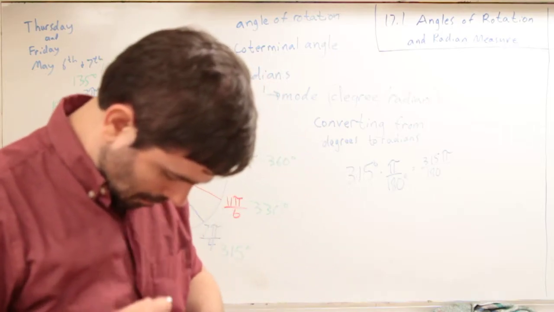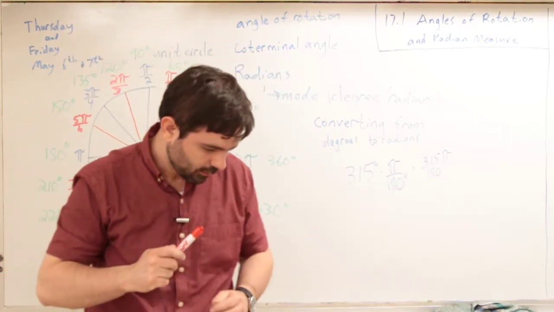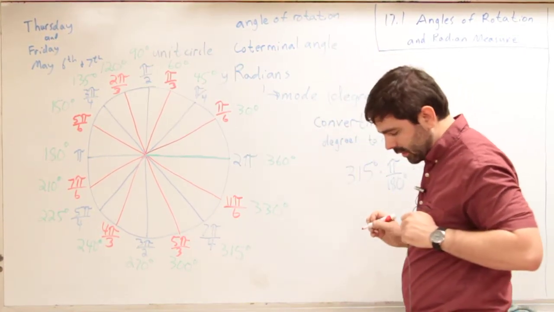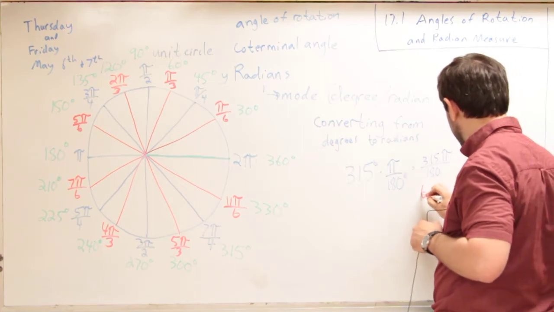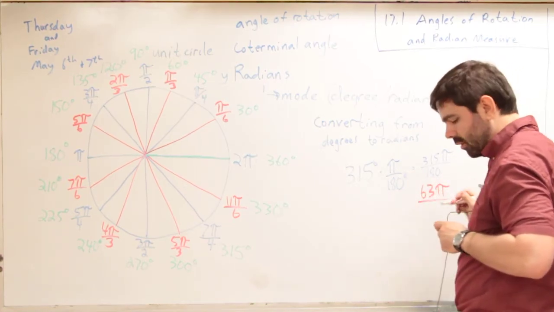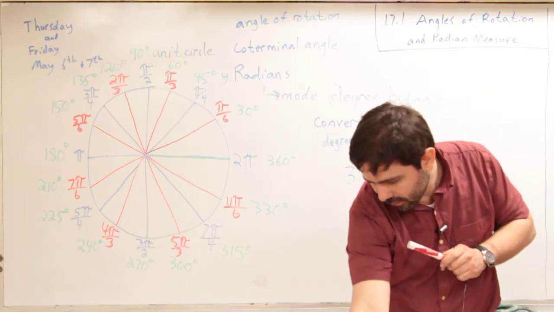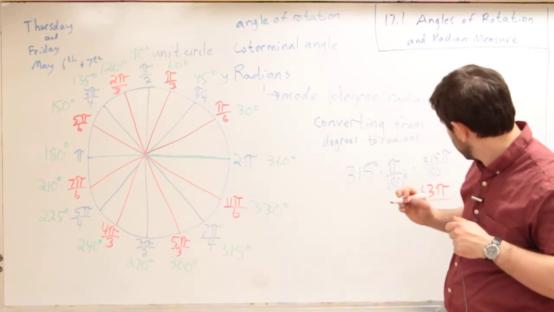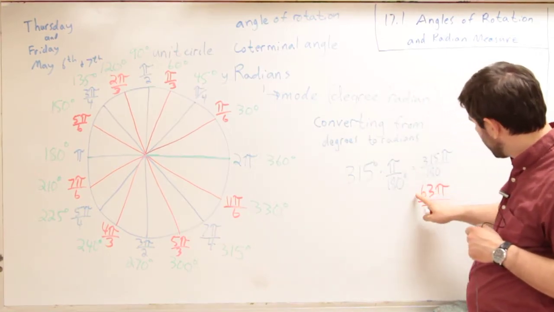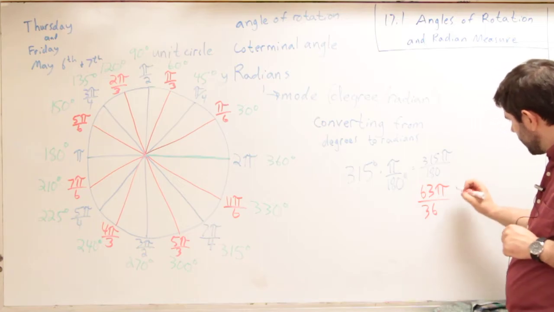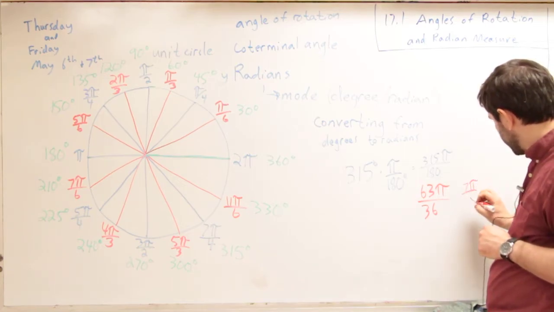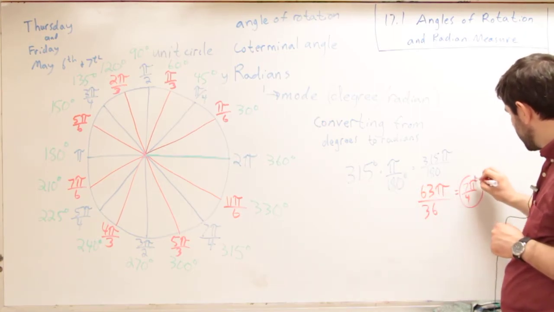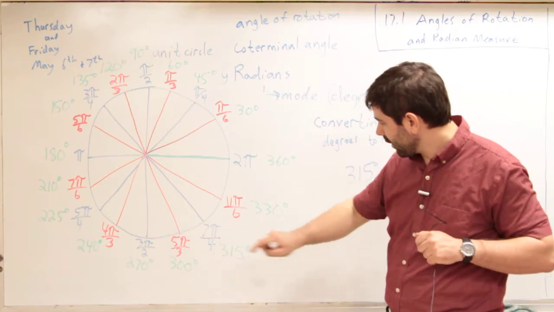Sorry about that. 63 pi over 180 divided by 5, that'll be 36, I believe. Yes, 36. And we can see these are both divisible by 9. So 7 pi over 4.